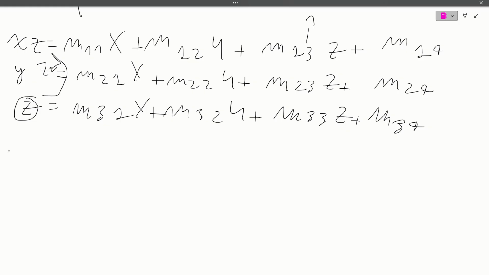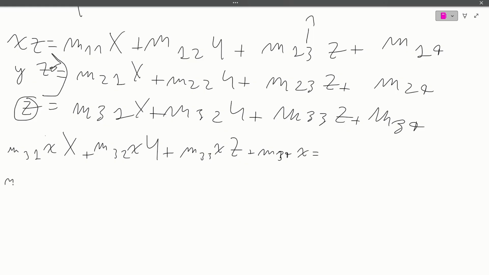Okay, so m31 X plus m32 small x big Y plus m33 small x big Z plus m34 small x is equal to, no, I cannot write it here, so m11 x plus m12 y plus m13 z plus m14.